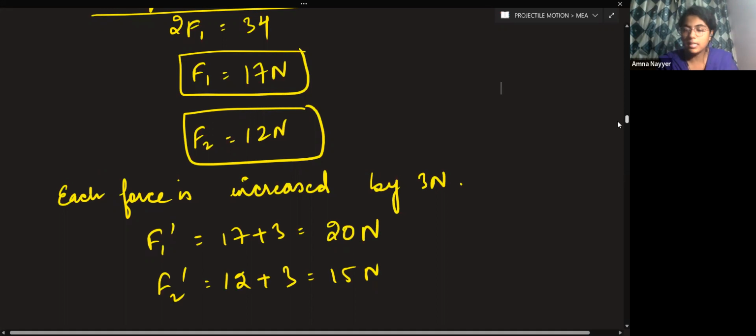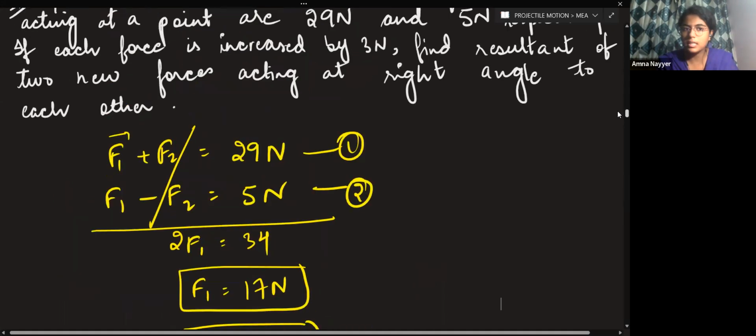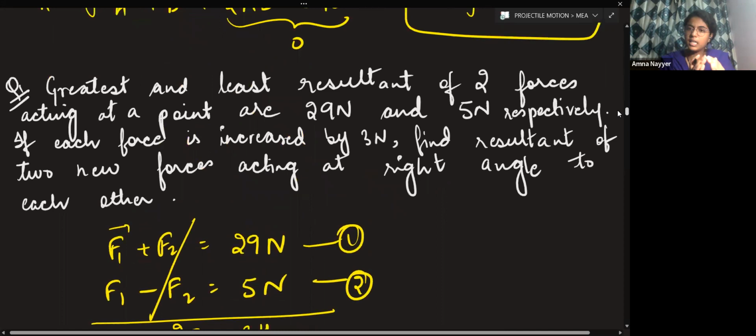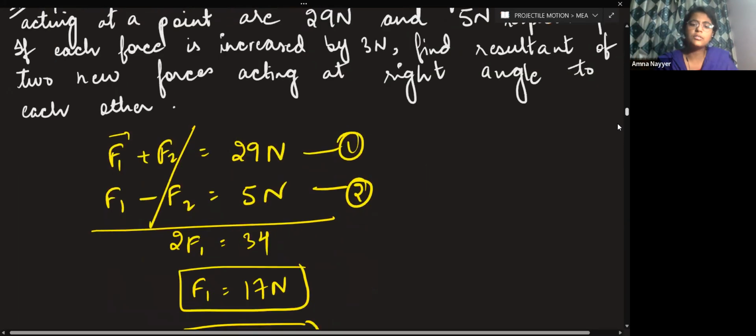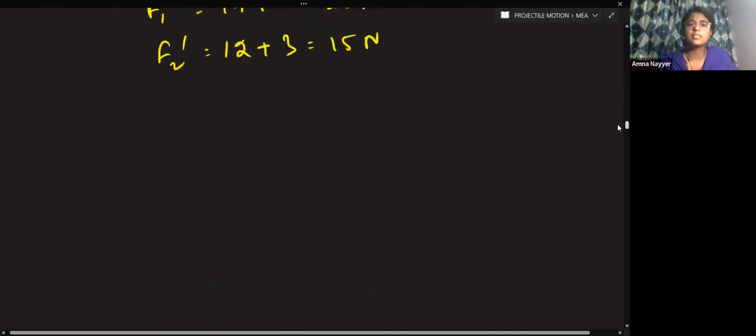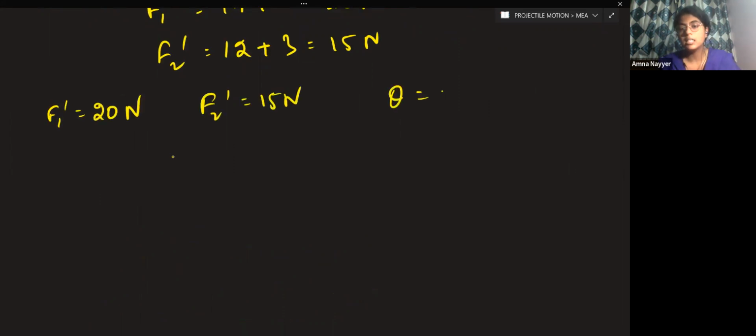The question says if each force is increased by 3 Newton, meaning 20 Newton and 15 Newton, you have to find the resultant between these two forces if they are at right angle to each other. So F1 prime is 20 Newton, F2 prime is 15 Newton, theta is 90 degrees.